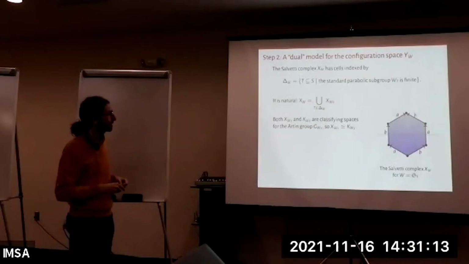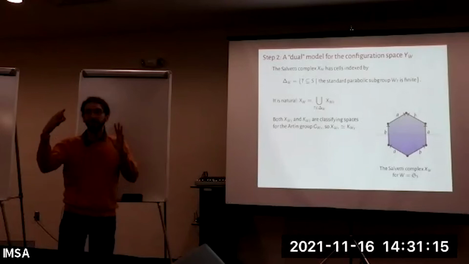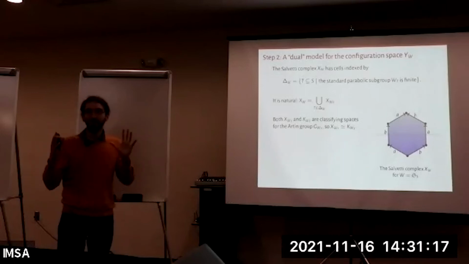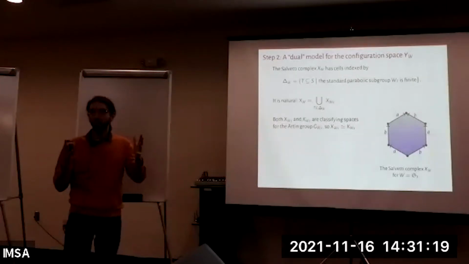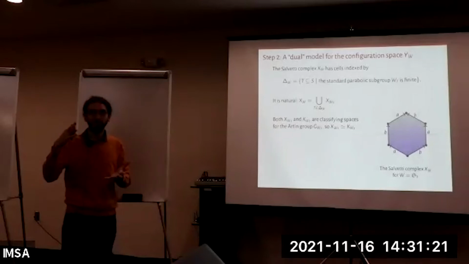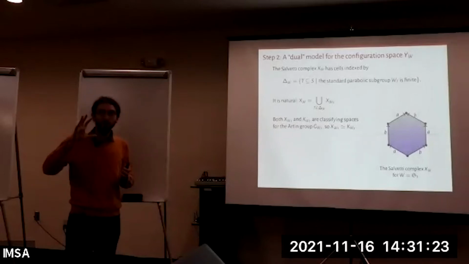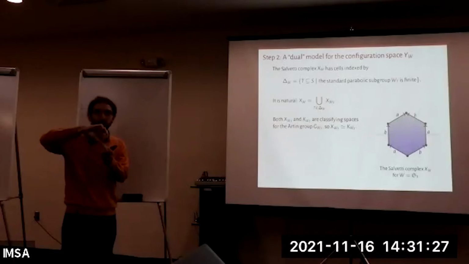So what we do is we keep the global combinatorial structure of the Salvetti complex, but we replace each cell or each subcomplex with its dual counterpart.